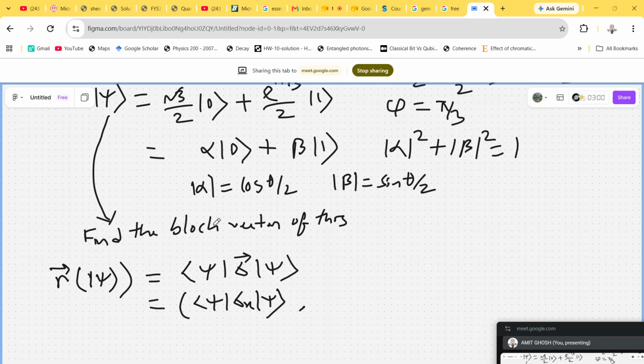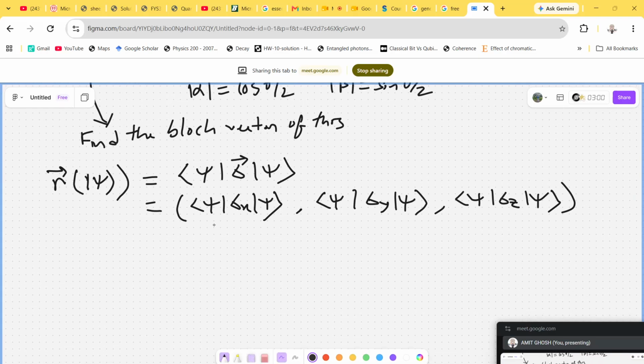So this is the first component. Second component <psi|sigma_y|psi> and <psi|sigma_z|psi>, where sigma is the Pauli matrices that you already studied: sigma x, sigma y, sigma z.